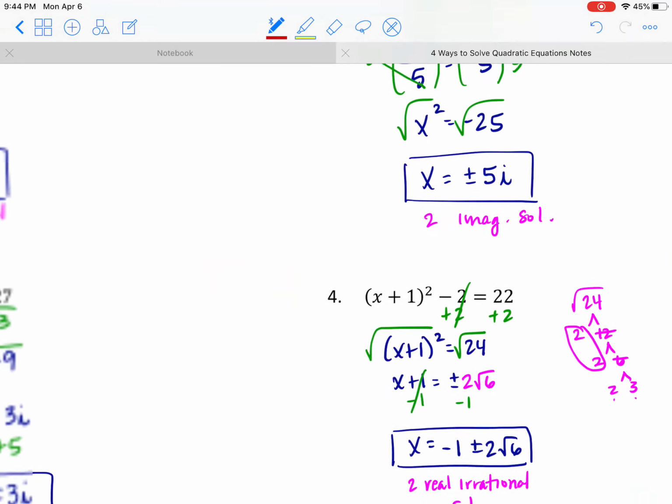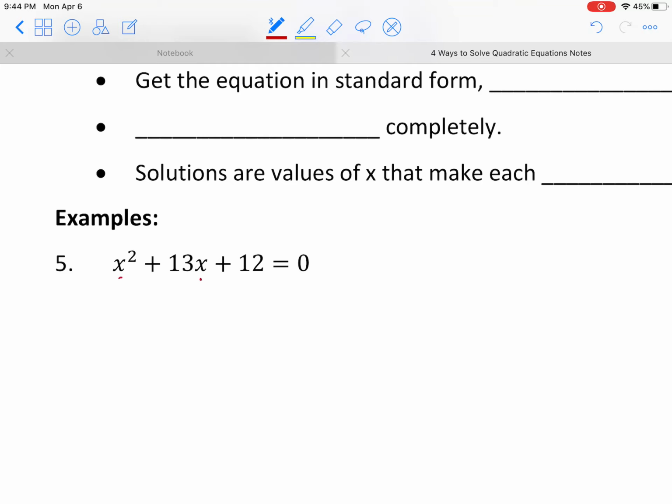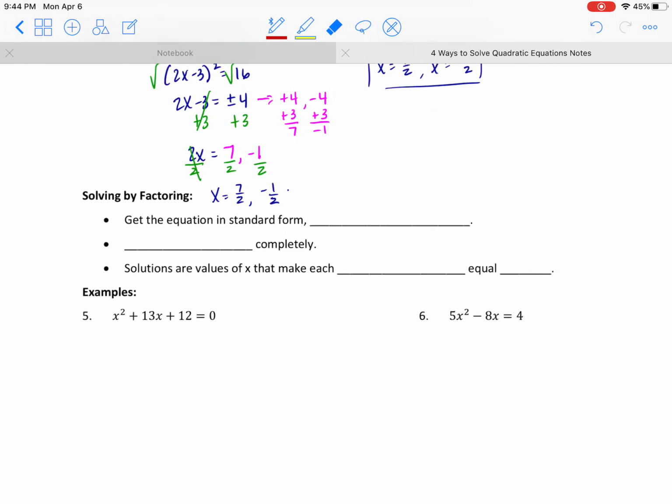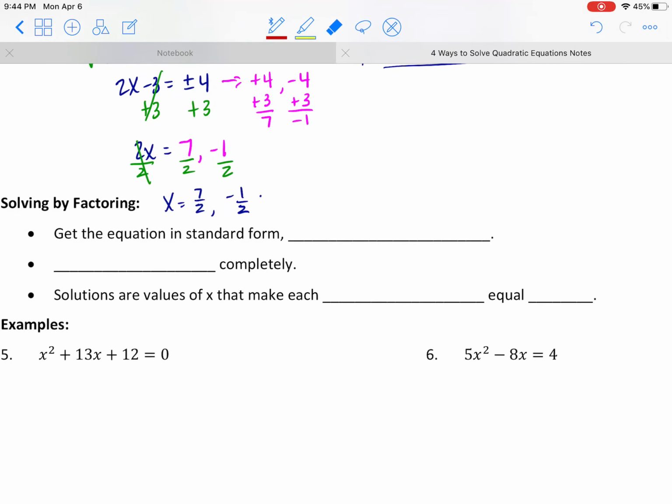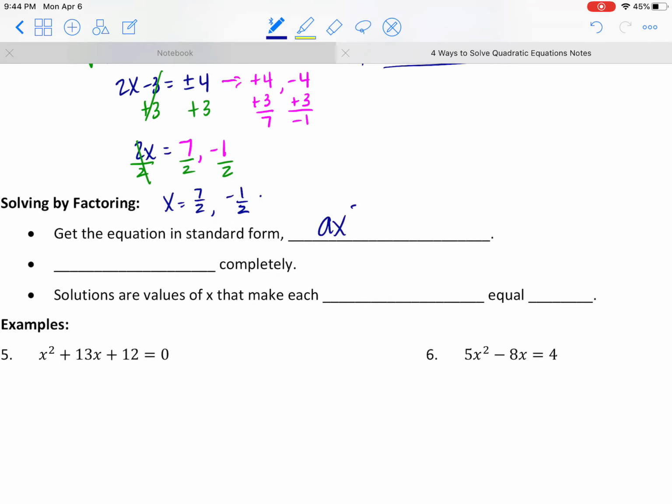Okay, so if you look at each of these problems, we have a squared term, and then a constant, no issues. Something squared, constant, constant. It's like no big deal here. But as soon as you introduce a squared term and an x to the first term, you can no longer use your square root method. So you want to try to solve by factoring.